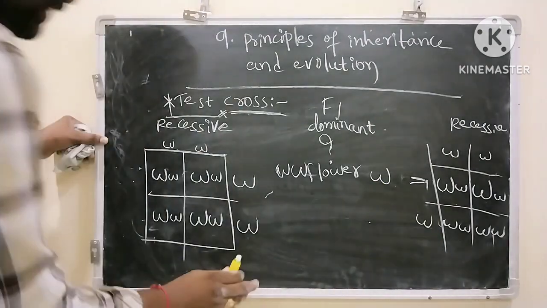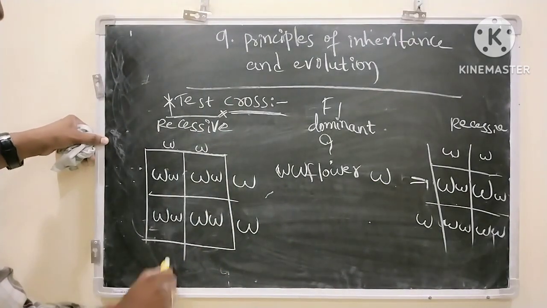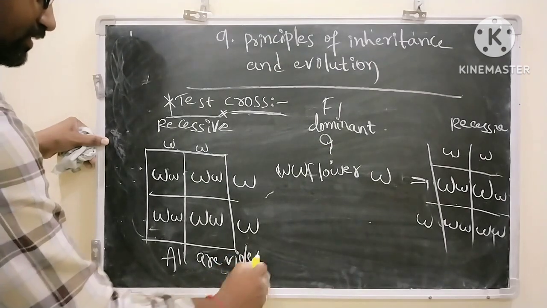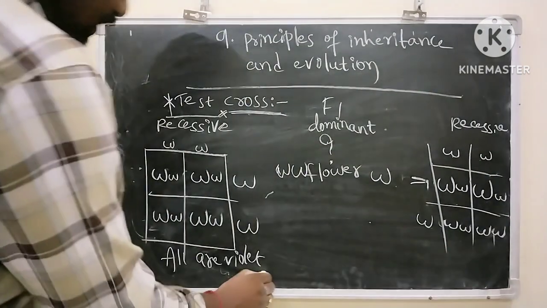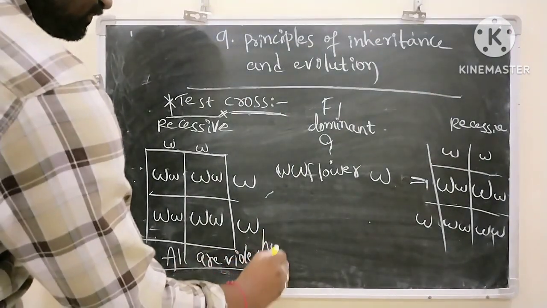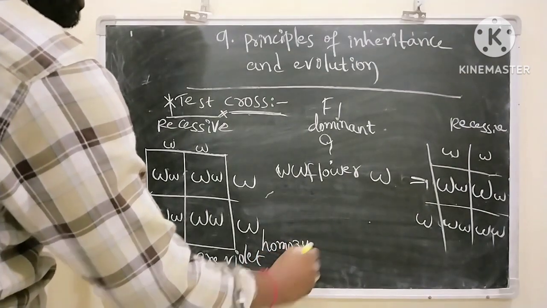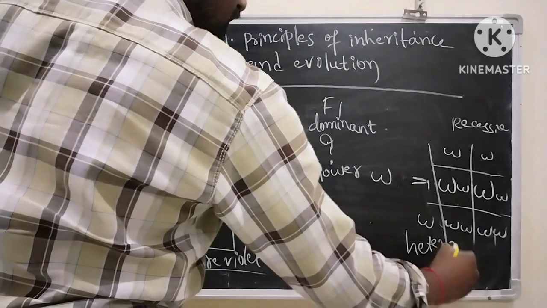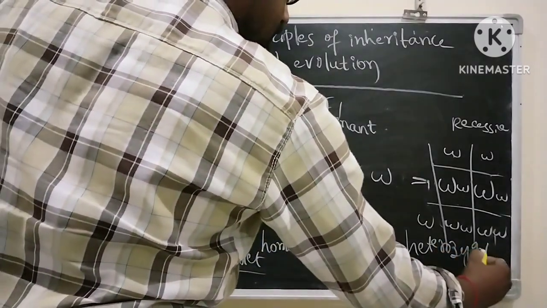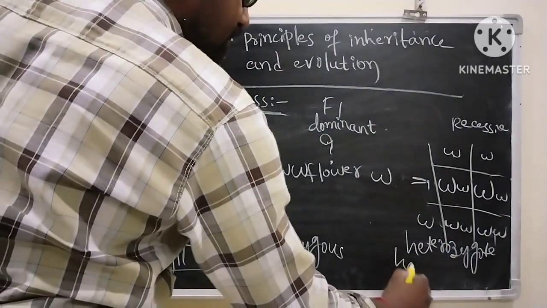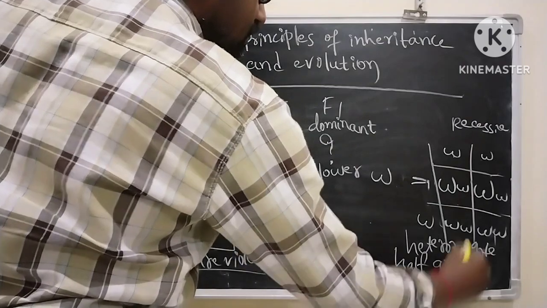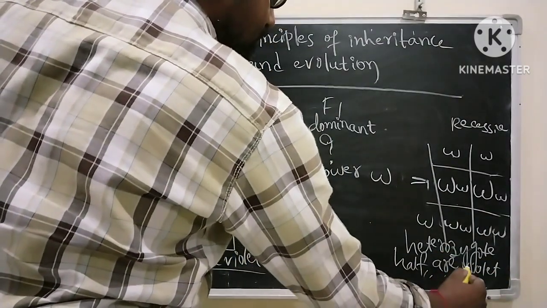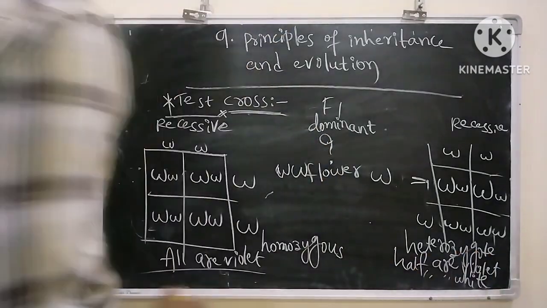So if we observe here in this case, all are violet and homozygous, whereas here a heterozygote is formed, and half are violet and half are white.